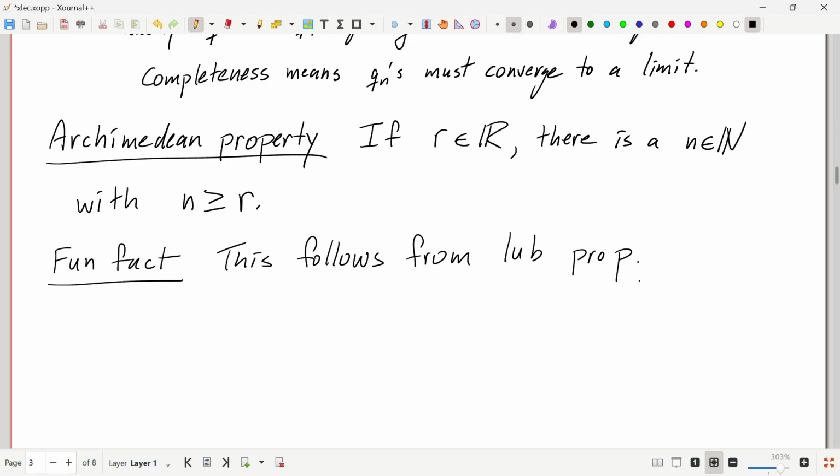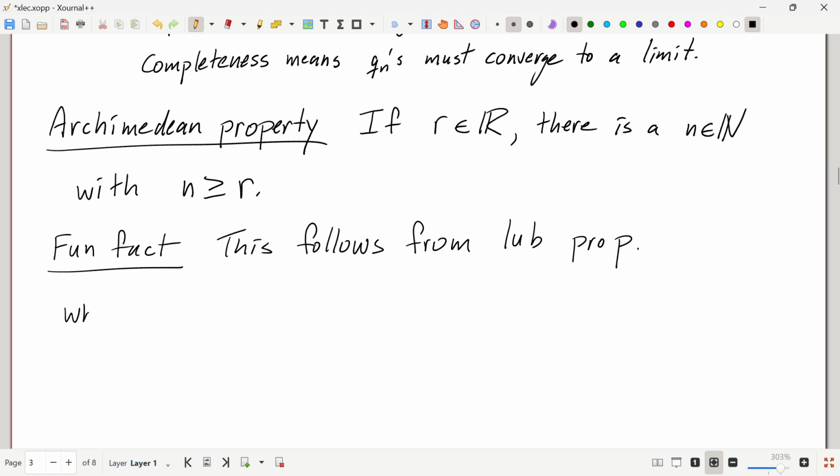Let's think about why that's true. Why? Suppose the Archimedean property didn't hold.